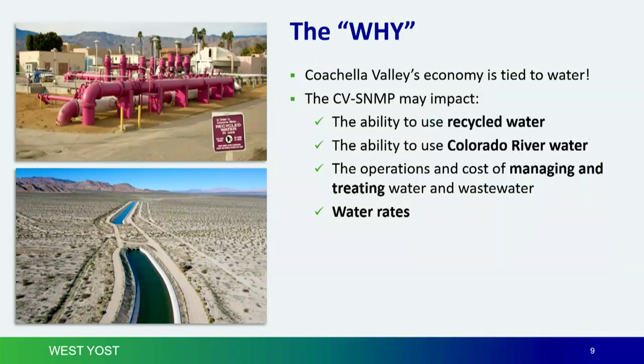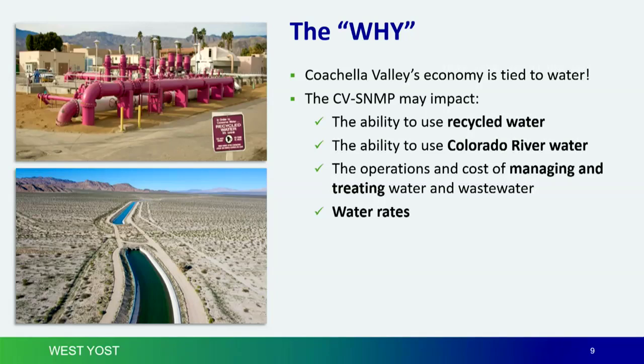One really important reason why we are developing such a management plan in the Coachella Valley is that the Coachella Valley's economy is intricately tied to water. The ability to use recycled water, which again is increasingly important as part of the water supply portfolio for the water purveyors in the valley.